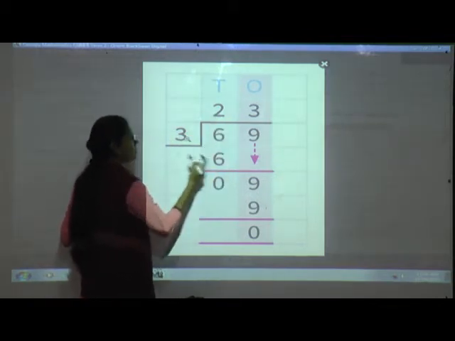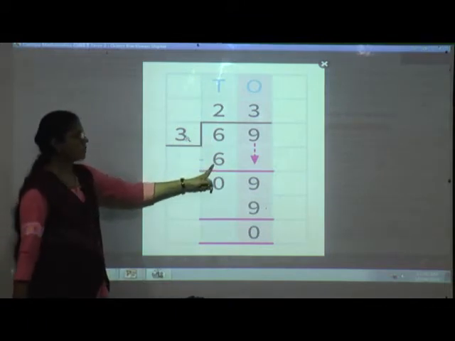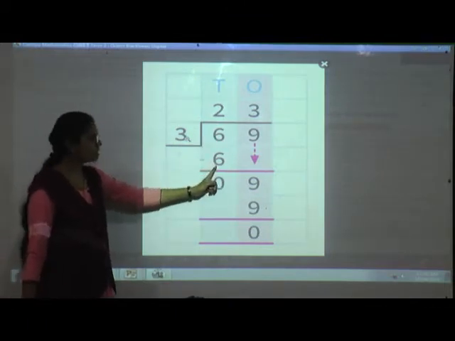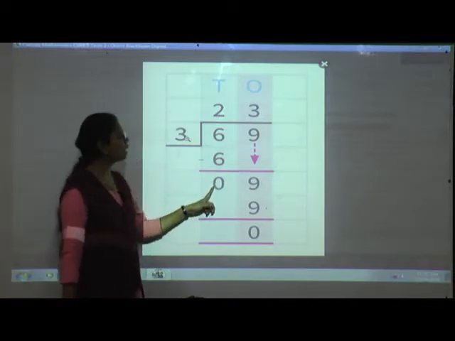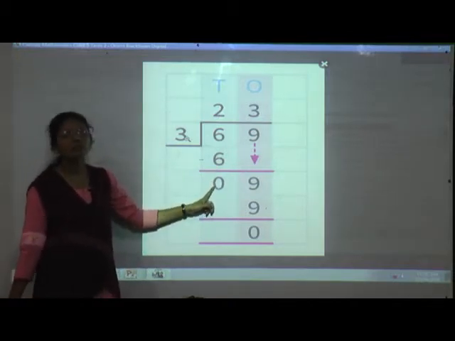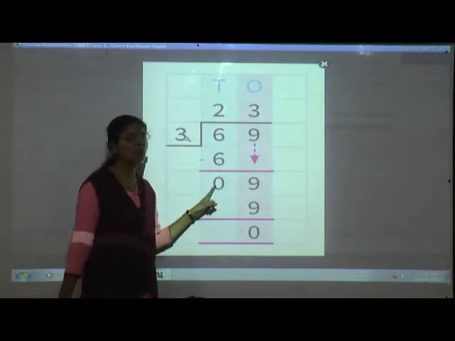Then below 6 we wrote 6 and subtracted, 6 minus 6, 0. Now here no tens are left, 0 tens are there.